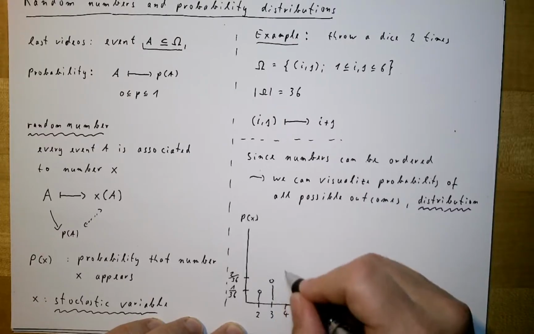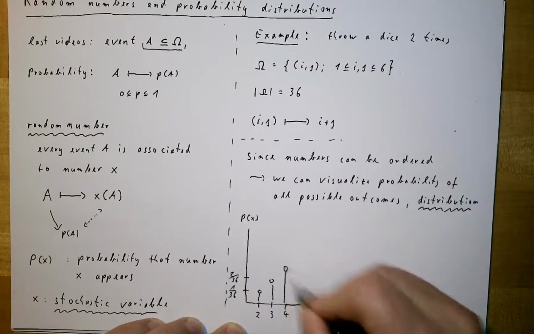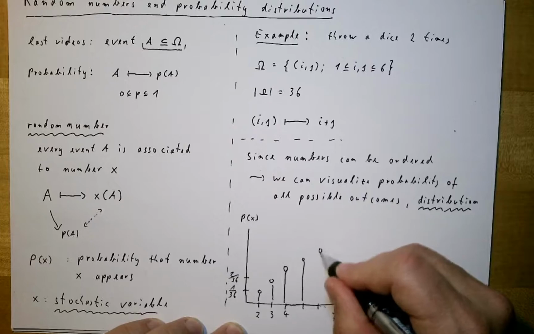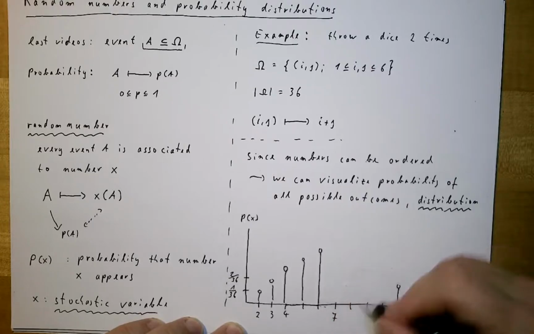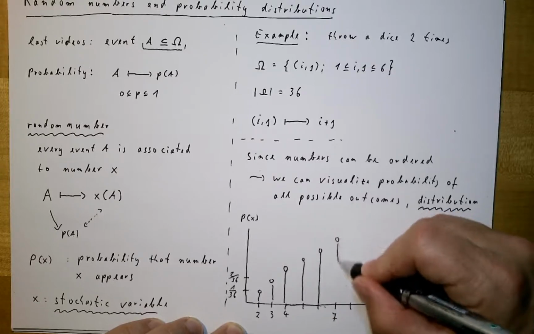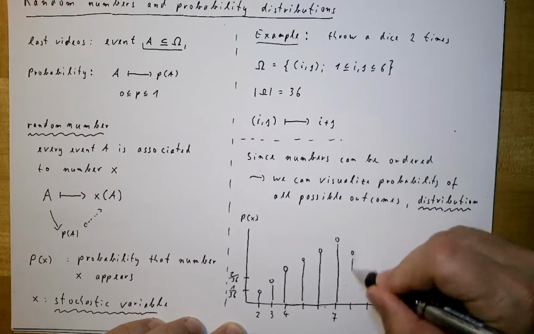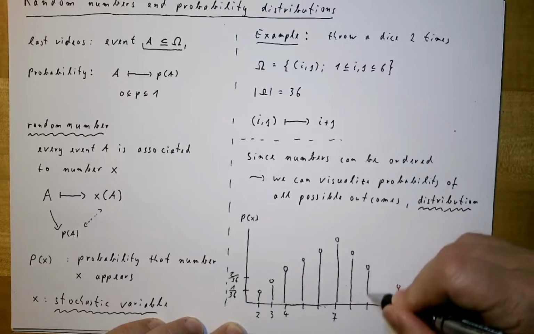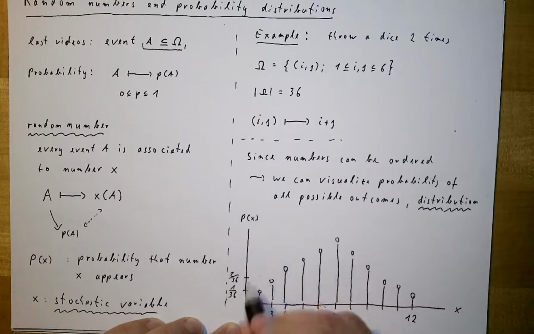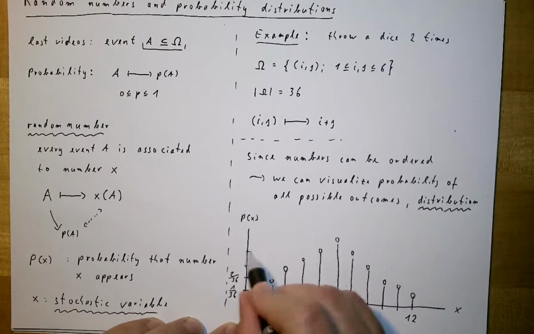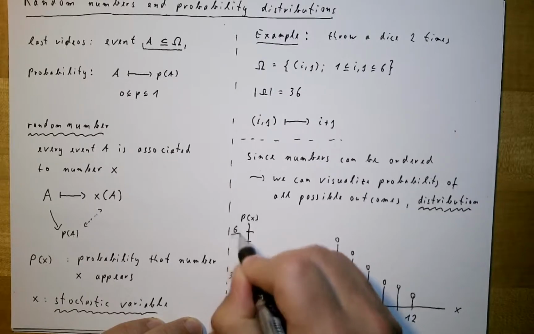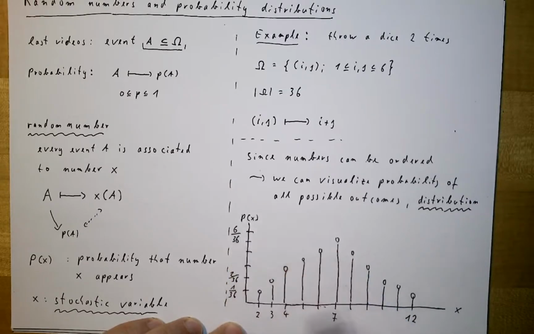You can see the probability to have 4, probability to have 5, probability to have 6, probability to have 7, the probability is 6 over 36.